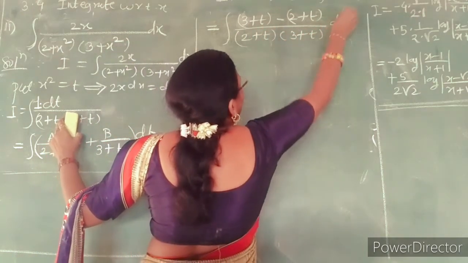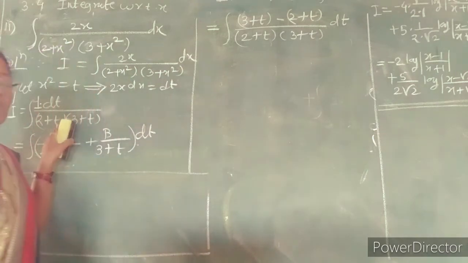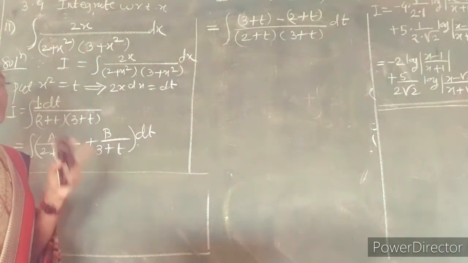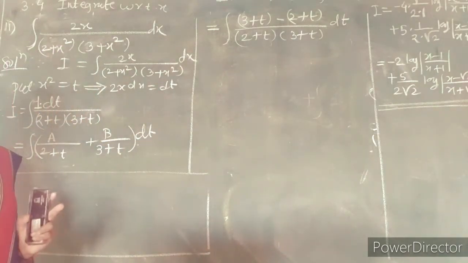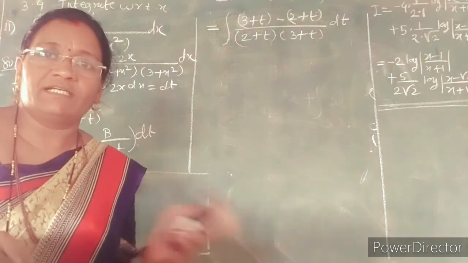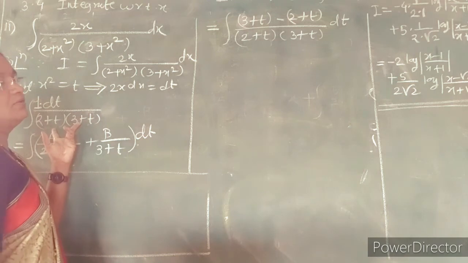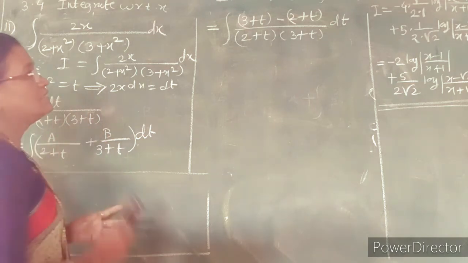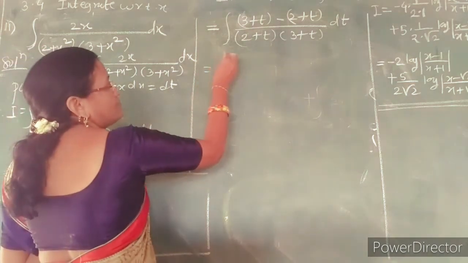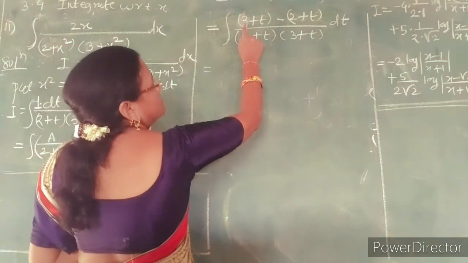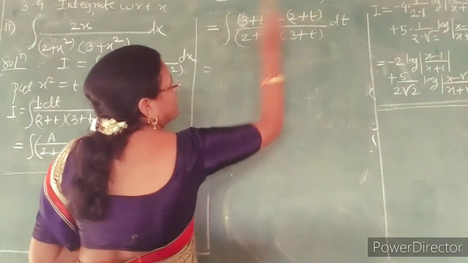Without taking cross multiplication, we use this method. This is a very easy method to solve questions from CET or JEE question papers. If the denominator contains two consecutive linear factors and the numerator is their difference, that is 1, then 3 minus 2 is equal to 1 and t cancels out.